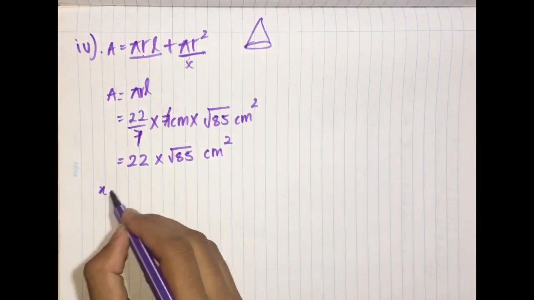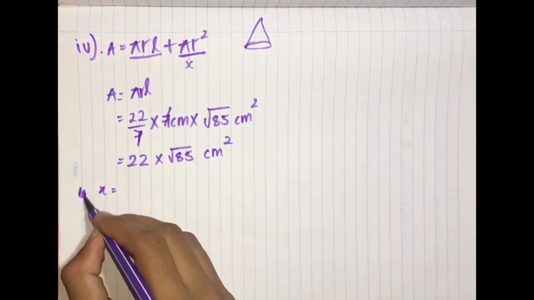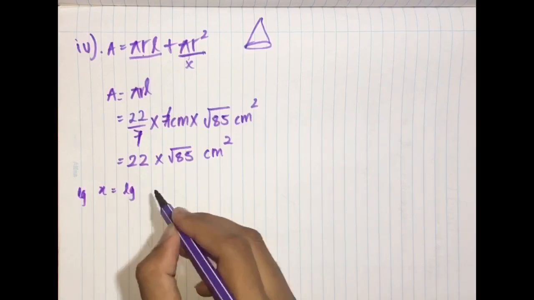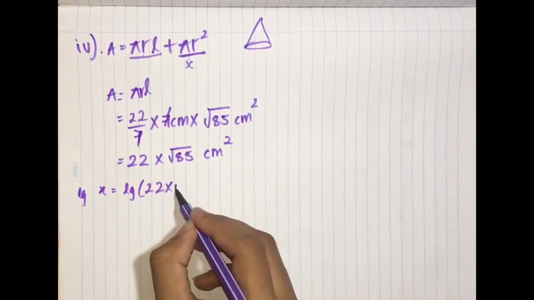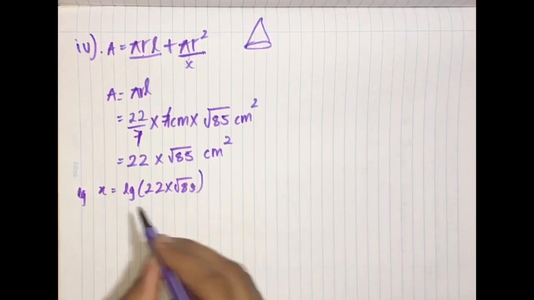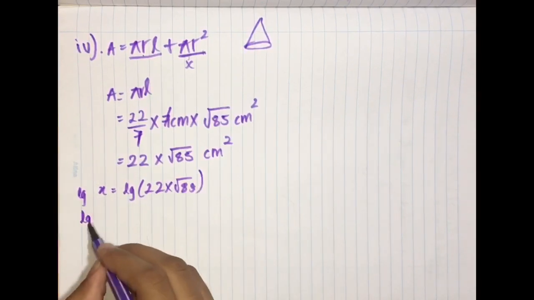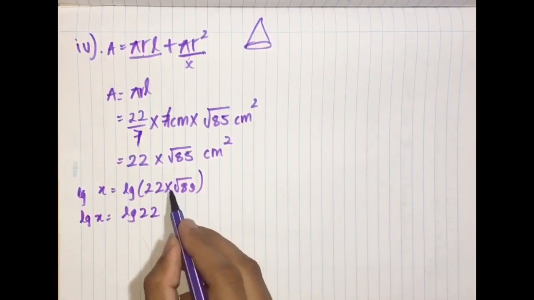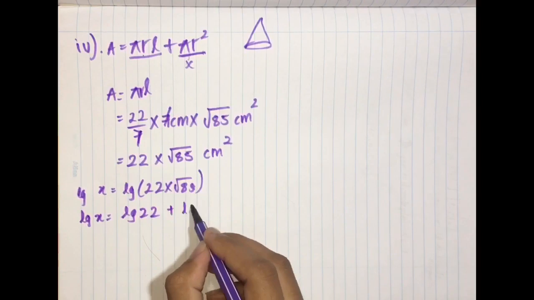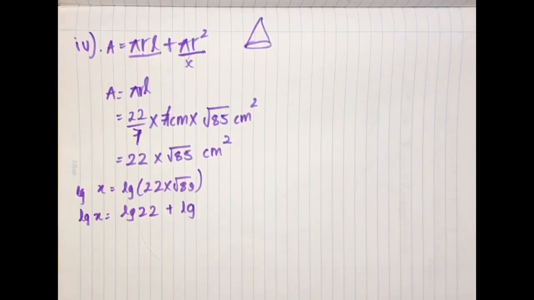You can say x is equal to 22 times root 85. Therefore if you take the common log, log x is equal to log of 22, multiplication becomes addition, log of root 85.